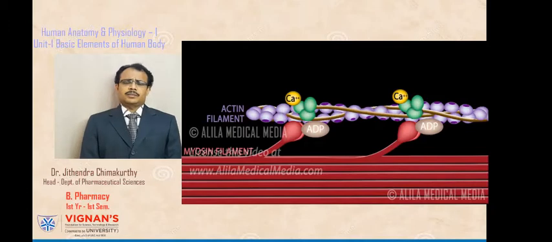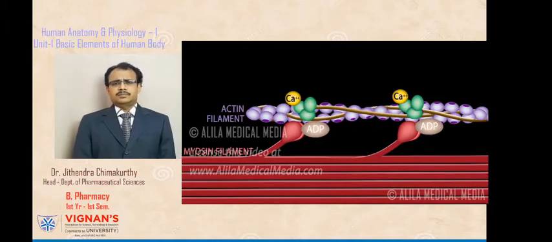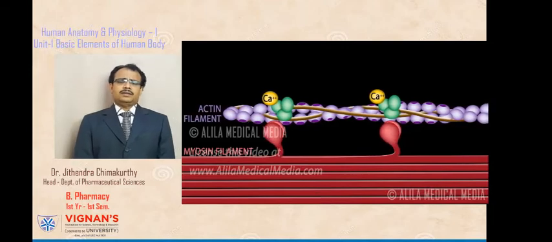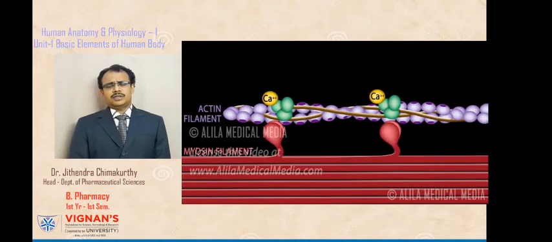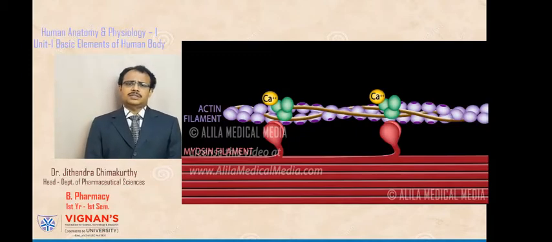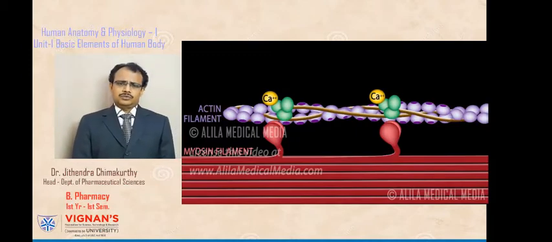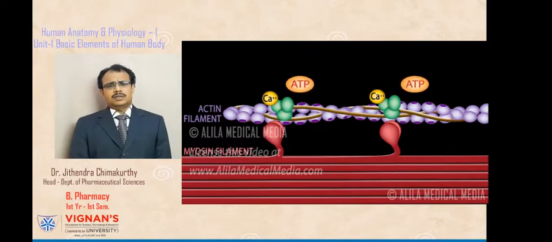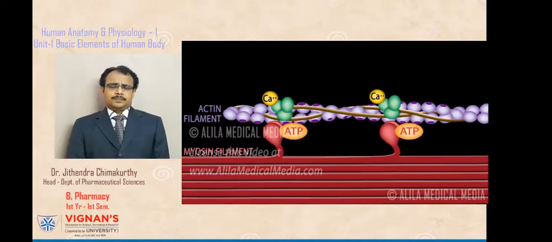You also will be coming across the term pathology and pathophysiology. We have seen in anatomy and physiology, you will be studying about the structure of any organ, the structure of the tissues of an organ, and the function of that particular organ in health.